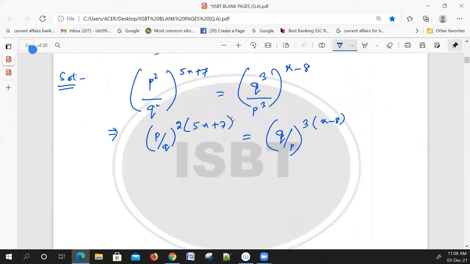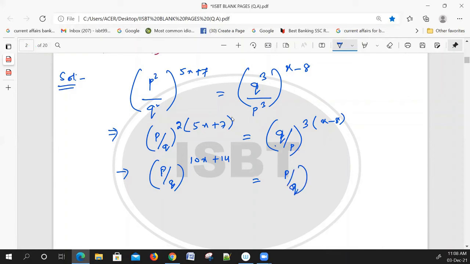Okay, now we can write (P/Q) to the power 10x+14 is equal to, we can write, (P/Q)... the Q/P has to come in P/Q format.